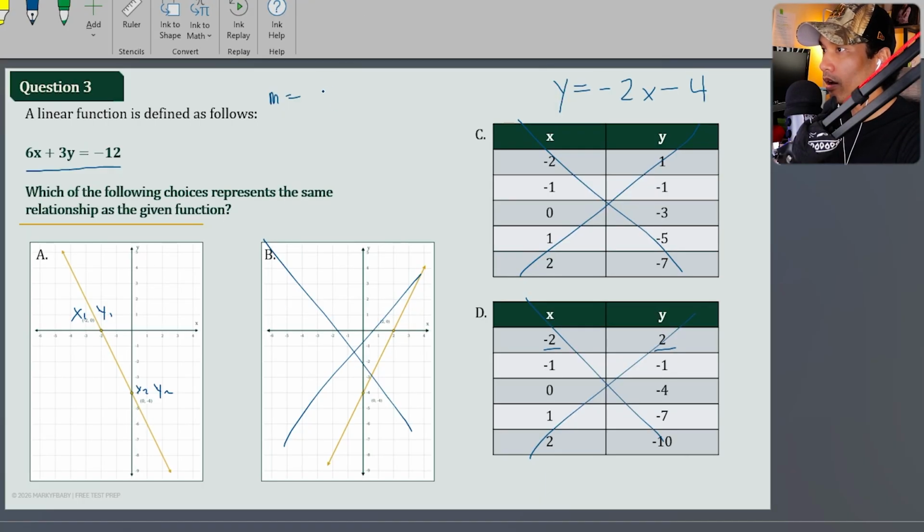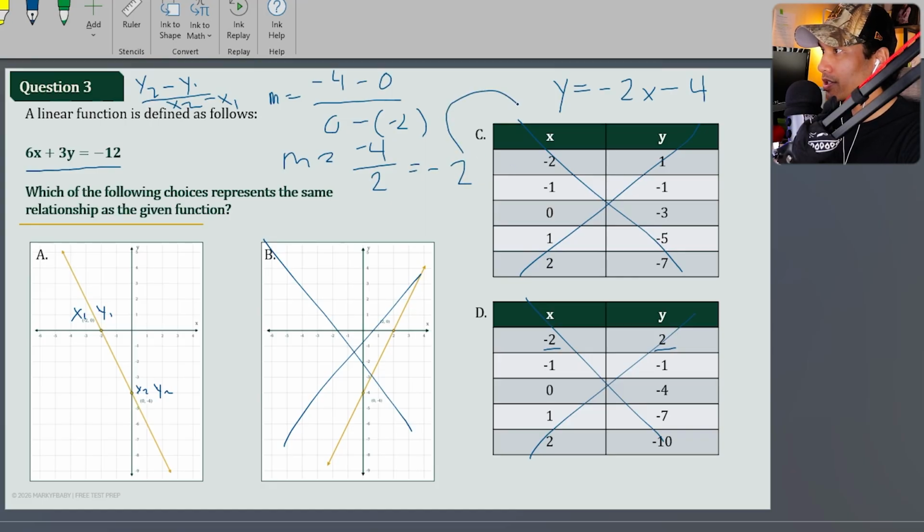So remember our equation, it's y2 minus y1 over x2 minus x1. So in our case, we have -4 minus 0 over 0 minus -2. Okay, m equals, and then you have -4 over 2 equals -2.